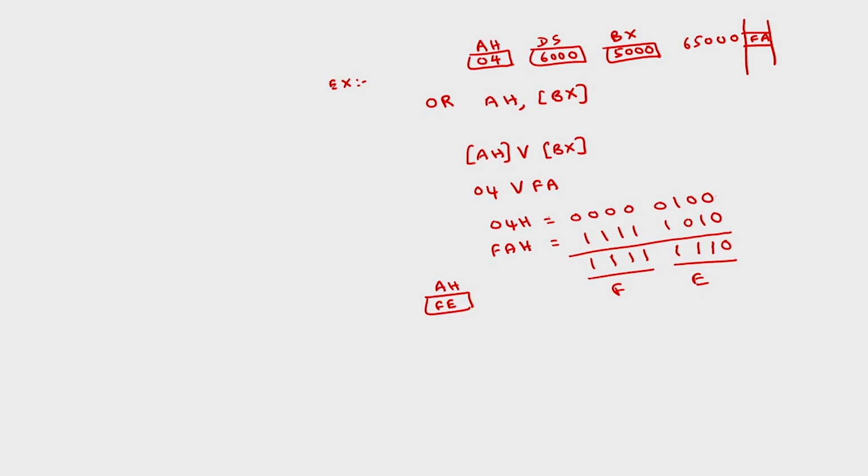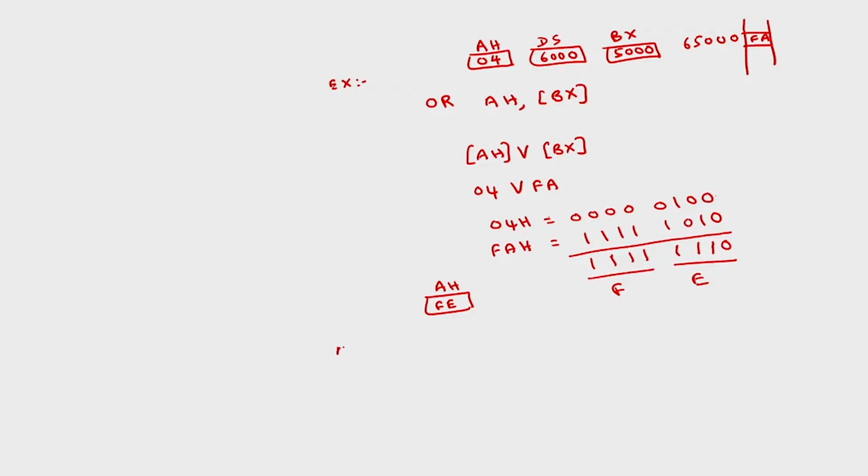You can OR the contents of any two registers, or you can OR the contents of register with any memory, and you can store the result back into either memory or register. Similarly, we have AND instruction, exactly similar operation. Here instead of OR, AND operation will be performed. AND register slash memory 2, comma register slash memory 1.